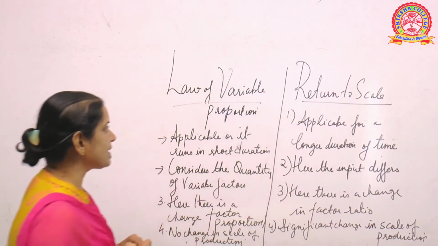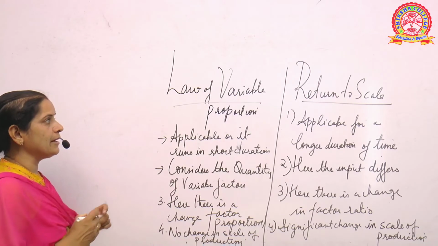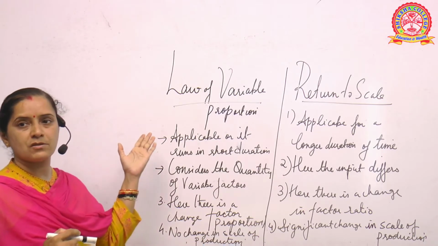So these are the four important differences between the law of variable proportion and return to scale.